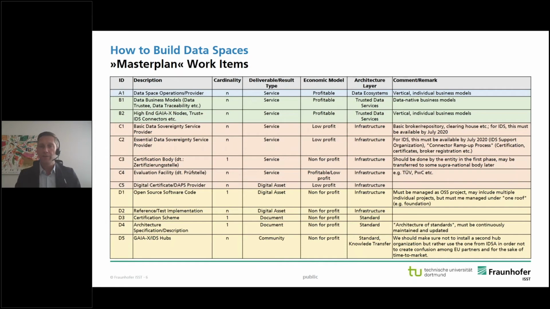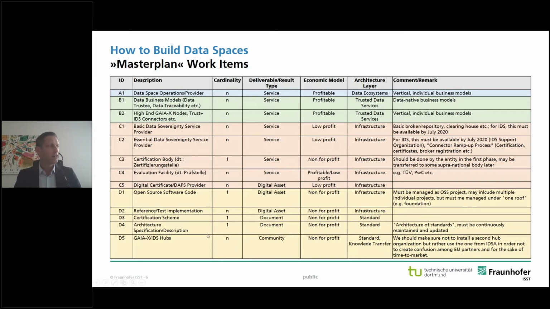So in order to build this, and I don't want to go through the details of this table because it's relatively extensive, in order to achieve data spaces on the topmost line item here, which is depicted in blue, we have learned over the past that we need to address a whole bunch of things to make that happen, right?